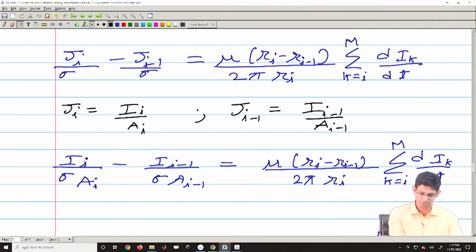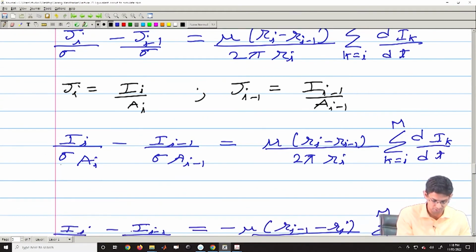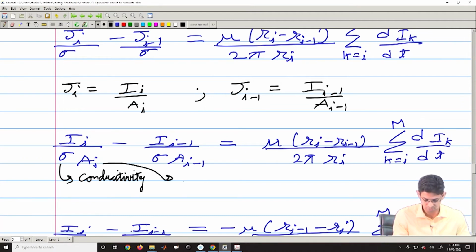Now, if you notice this, what is this? This is sigma, this is conductivity, right. And this is area.